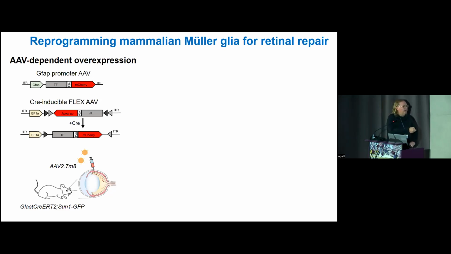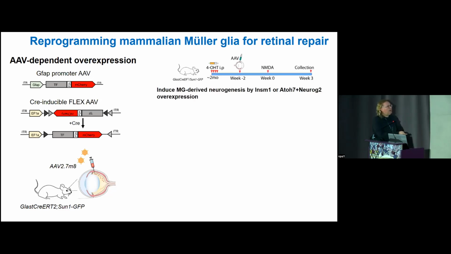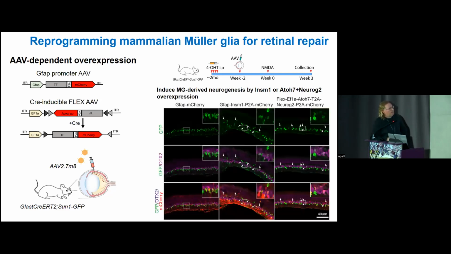These are injected intravitreally into the vitreous of the retina. The data here is all done using wild-type animals. We first label the cells with Sun1-GFP ahead of time. We then inject the virus, we apply NMDA, then we wait.